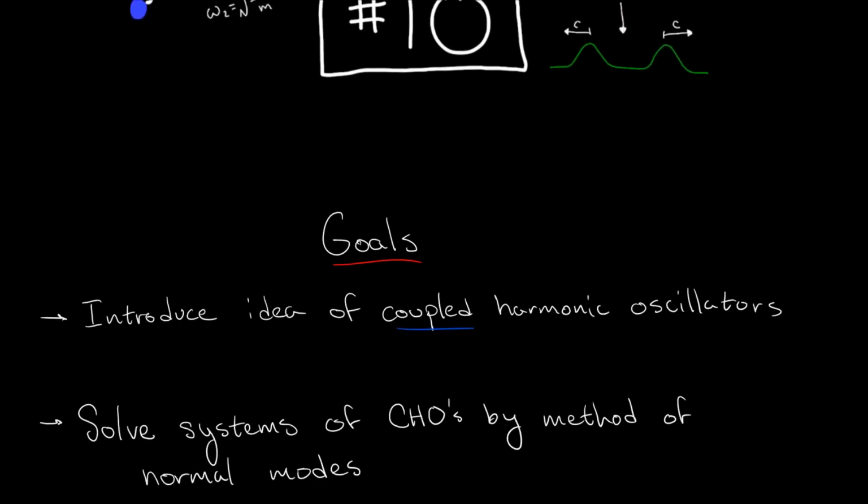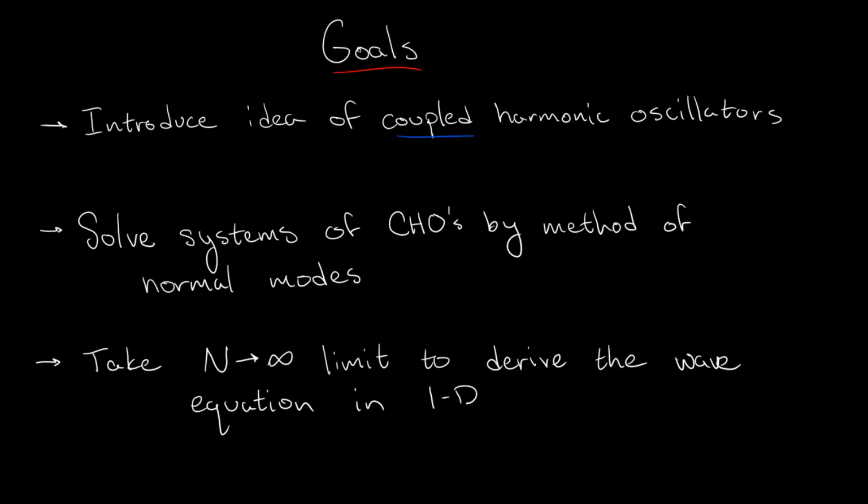So, I'm excited for this one because we're going to be talking about harmonic oscillators, and specifically coupled harmonic oscillators, meaning that the harmonic oscillators talk to each other. So far, I've really only talked about single harmonic oscillators, which might look like some mass connected to a spring, connected to some fixed point, I don't know, some wall.